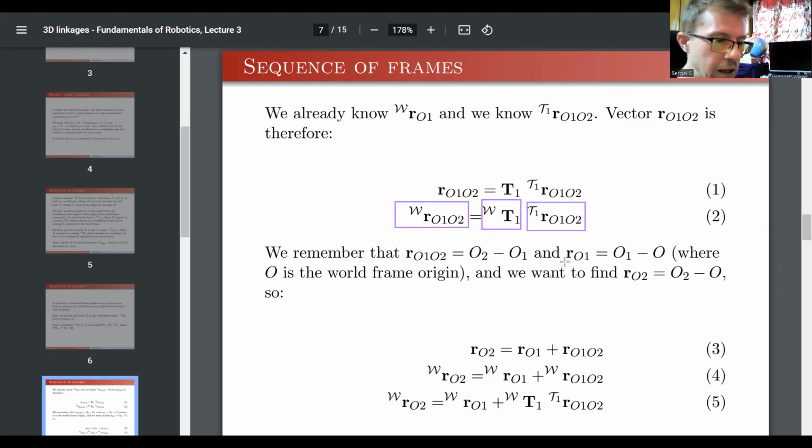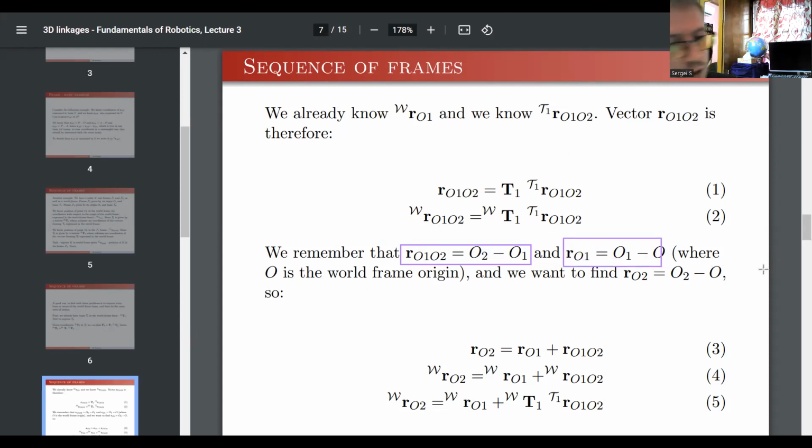Okay. Now, we also remember that by definition, R from O1 to O2 is what we call O2 minus O1. And RO1 is by definition O1 minus O, where O is the world frame origin. Now we want to find O2 minus O. So point O2 expressed in the world frame.